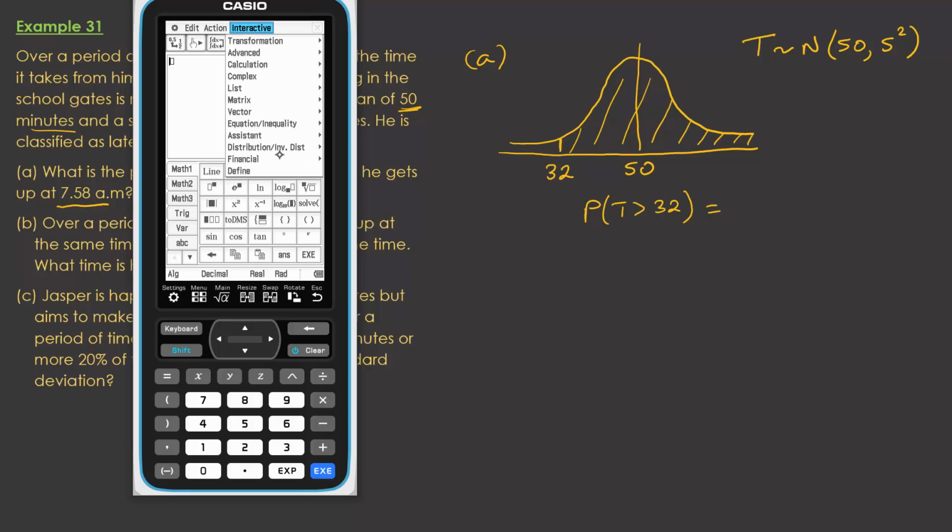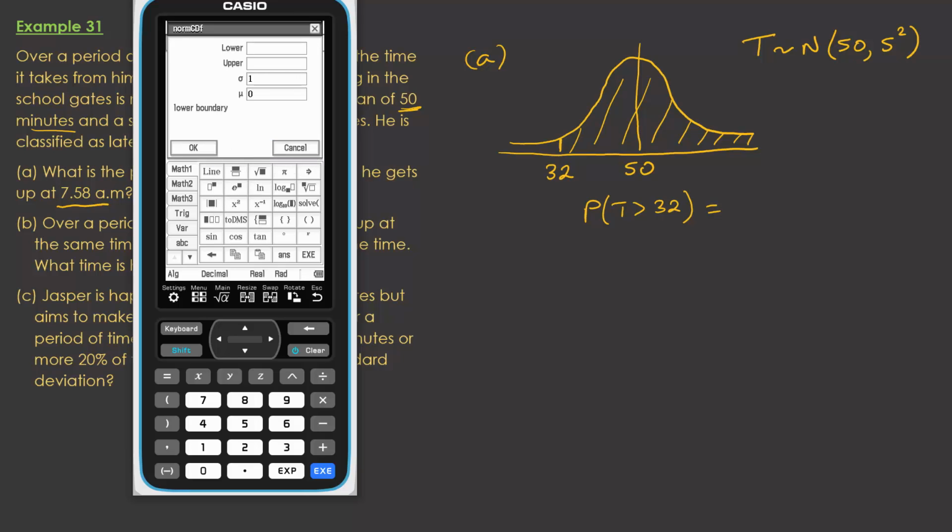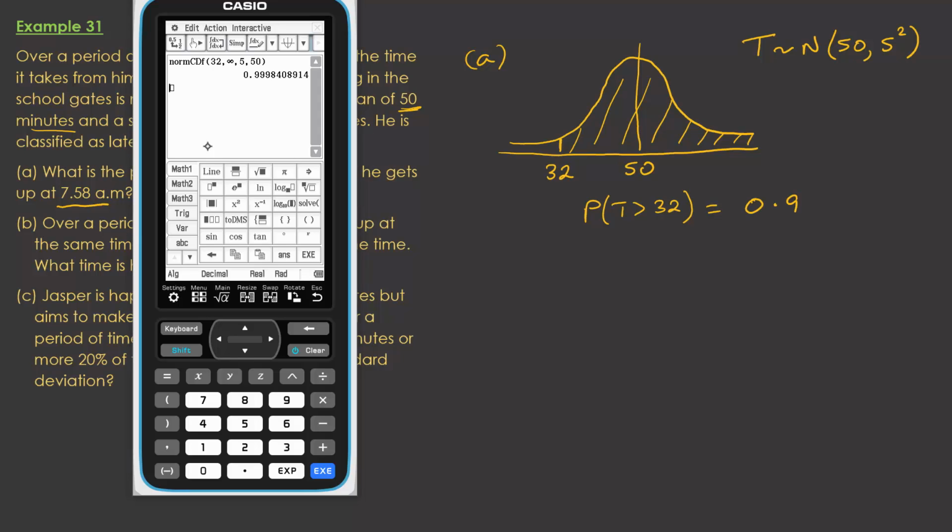And so we have continuous, it will be a normal CDF, and the lower is 32 and the upper would be infinity with a sigma of 5 and a mu of 50, giving us 0.9998. So he's very, very likely to be late under those circumstances.